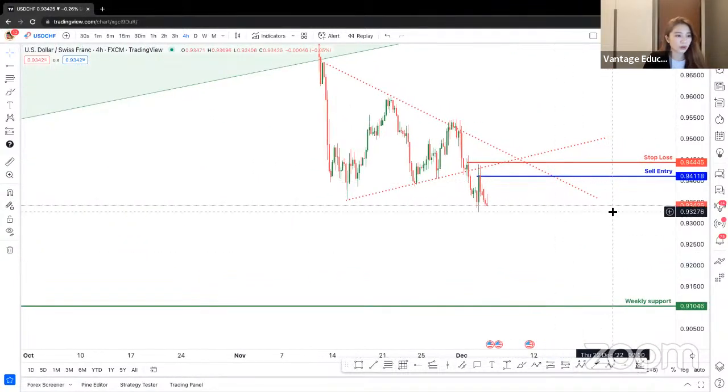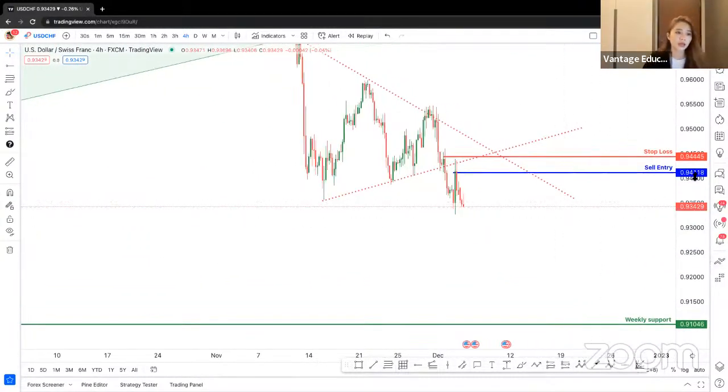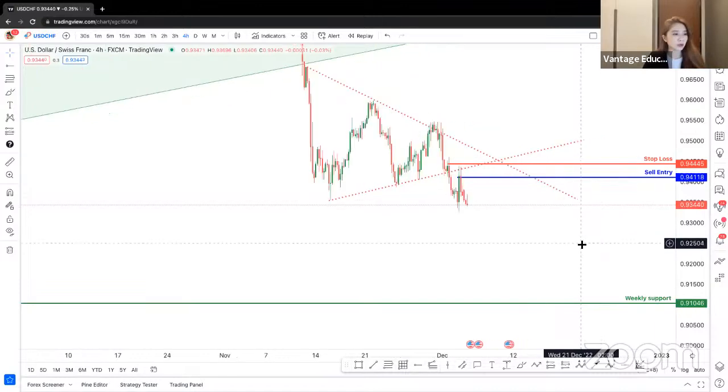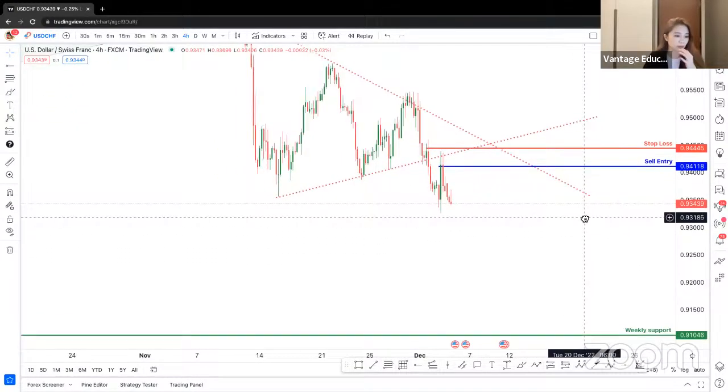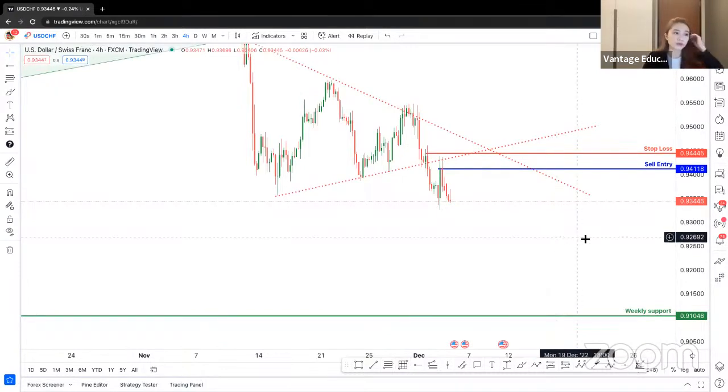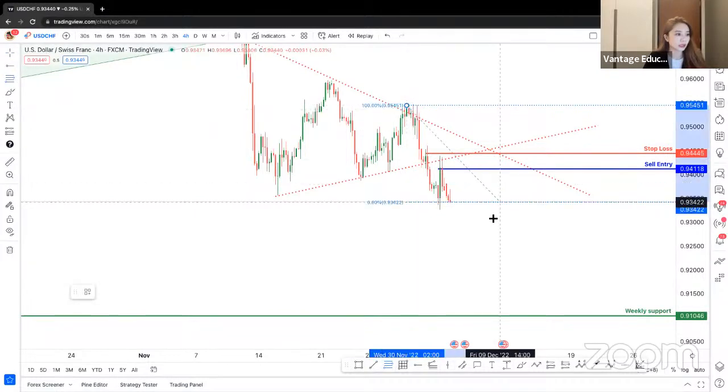For this current analysis, if we take the weekly support as a take profit price, it will be a tad bit too far. My opinion is that we could choose a closer take profit by using our Fibonacci percentages. So first of all, let's do our Fibonacci retracement.